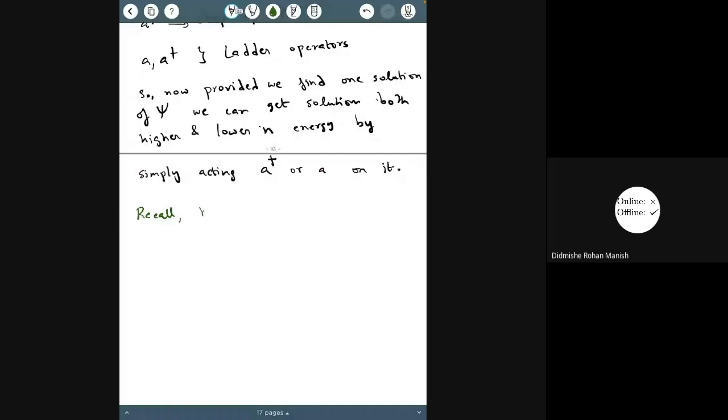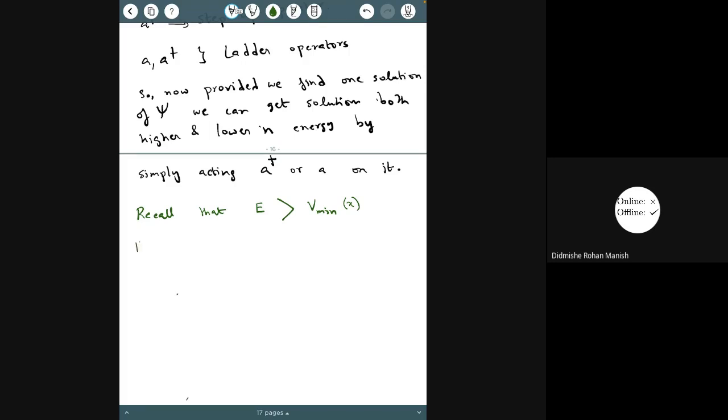So recall that E must always be greater than V minimum of x. In this case, the minimum potential is when x is equal to 0, and that is 0.